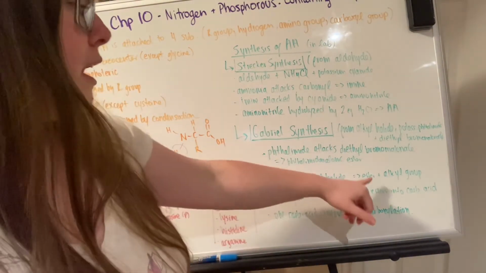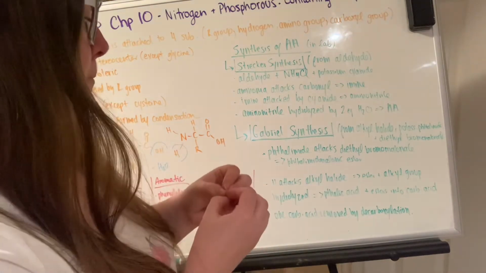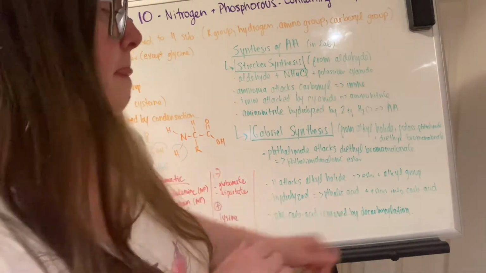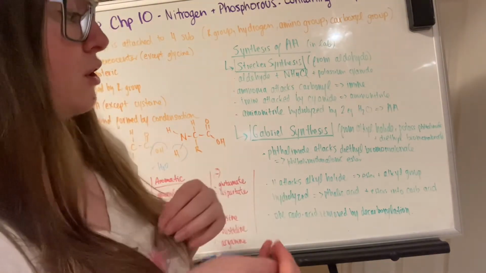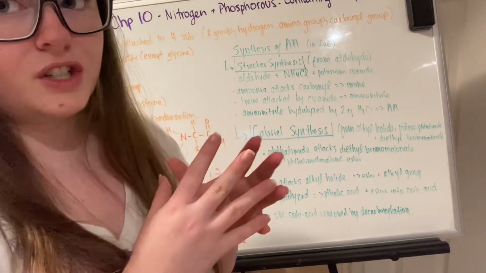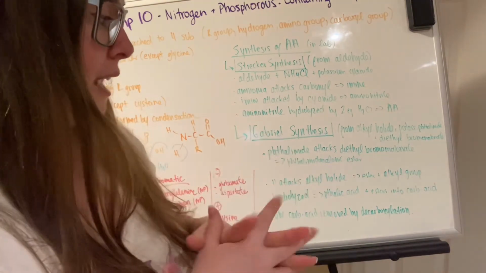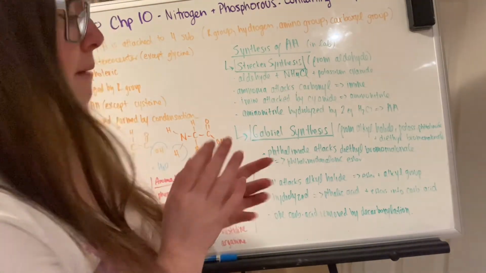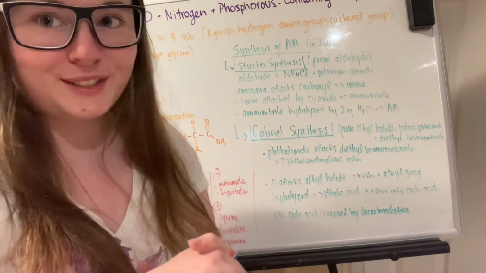Then that product is hydrolyzed to produce phthalic acid, and the esters are taken into carboxylic acids. Then one of the carboxylic acids is removed by decarboxylation.